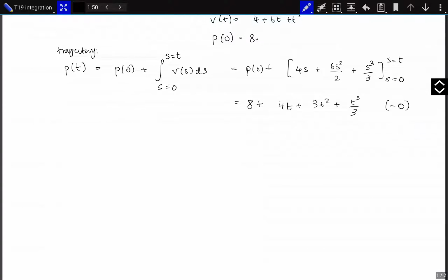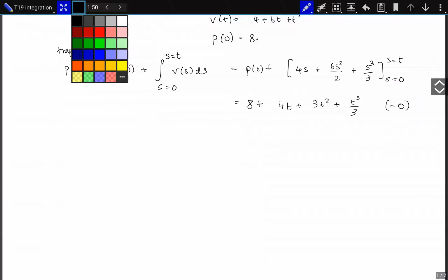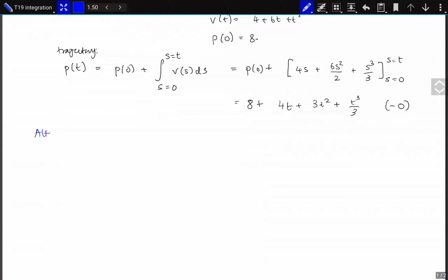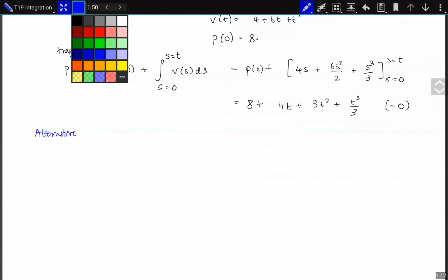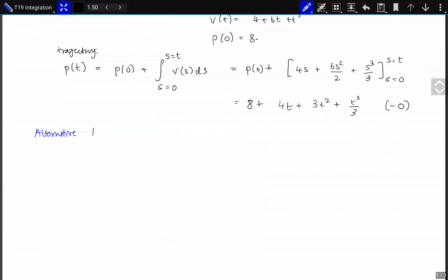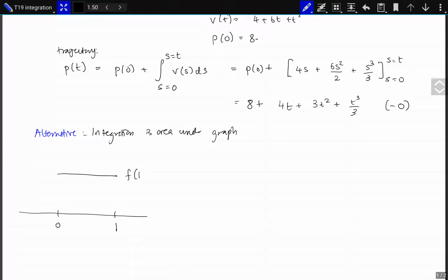So the alternative view is that integration is area under the graph. So for instance, if I give you some bound, here's the constant case, say from 0 to 1, here's some constant function, f of t, let's say, is equal to some constant.